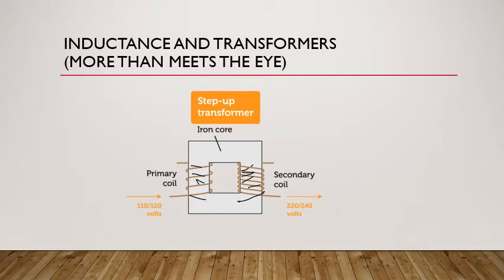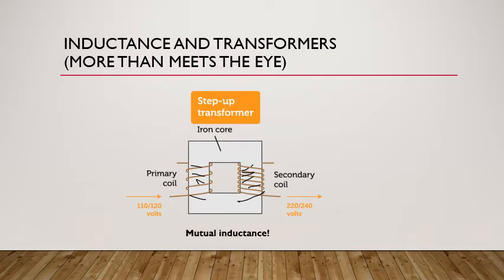They use sets of coils in ratios that take it from 120 volts in the wall to 5 volts, which plays nice with your USB cables, or I think it's 18 volts for your Xbox. I can't remember exactly, but in any case, it's going to change them that way. That's a step-down transformer.